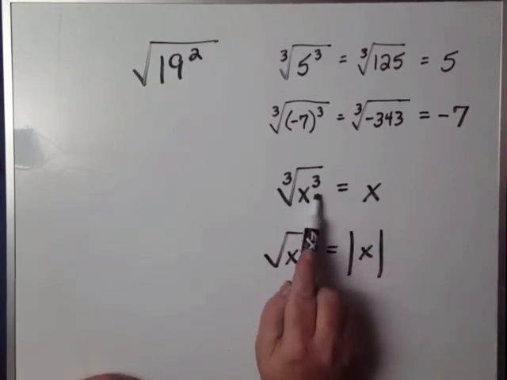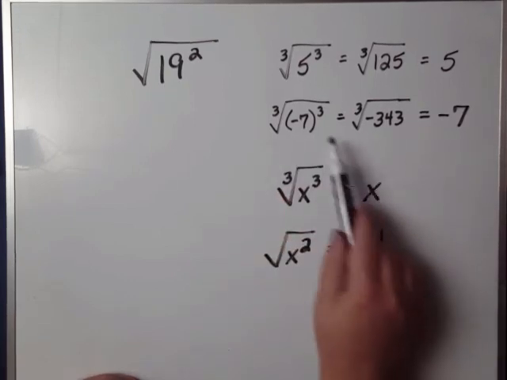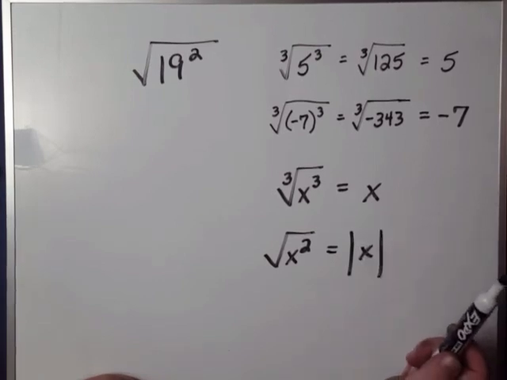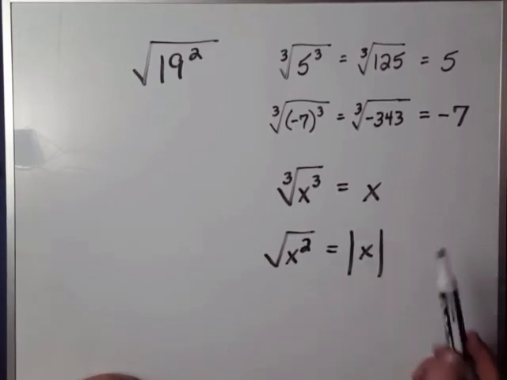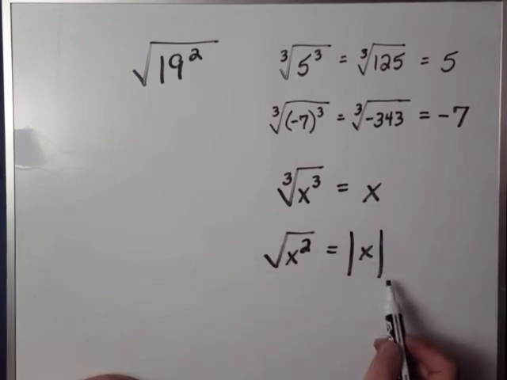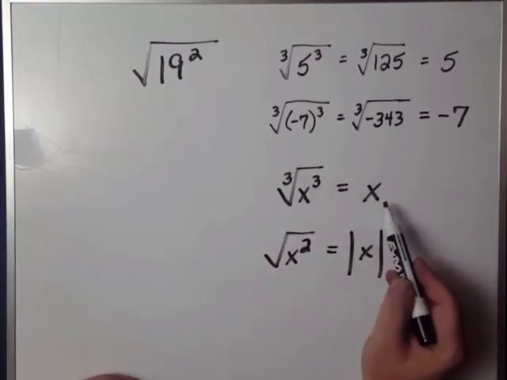But when it's an odd power and an odd index, nothing happens to that sign. The sign remains intact. So it is just x itself. And what we discover is that what works for squares works for all even powers and indices. What works for the cubes works for all the odd powers and indices.